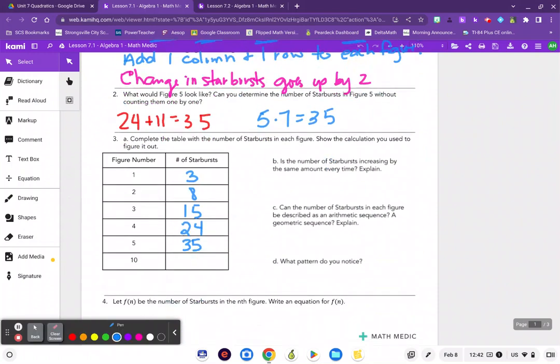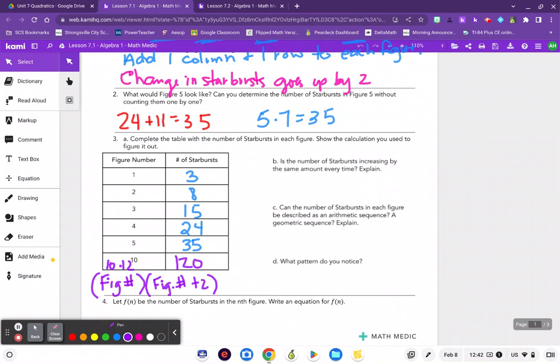We said that in each of these figures, I could take my figure number, so I'll abbreviate figure number, and I can multiply that by 2 more than the figure number, right? So the figure number plus 2. And so here I would have 10 times 12, and that's going to give me 120. Okay, so I should have 120 starbursts.